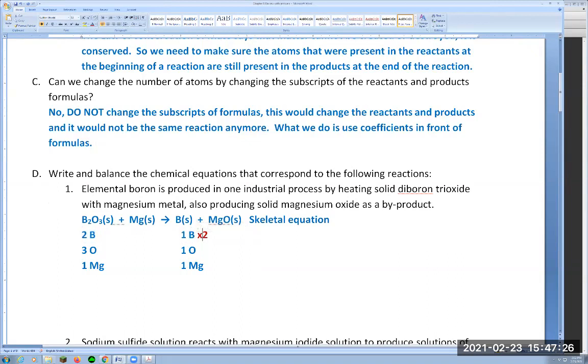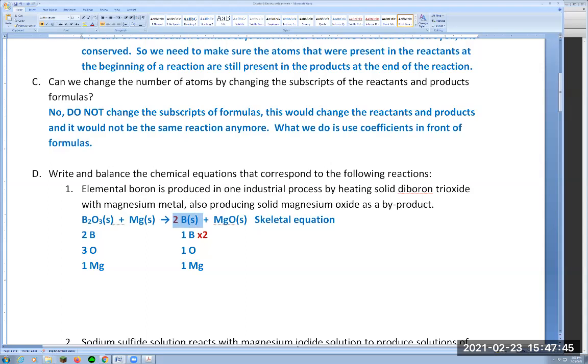That times 2 is the coefficient that you will place in front of boron. So let's place the coefficient of 2 for boron so that we balance the boron. That changes only boron because it's by itself here.